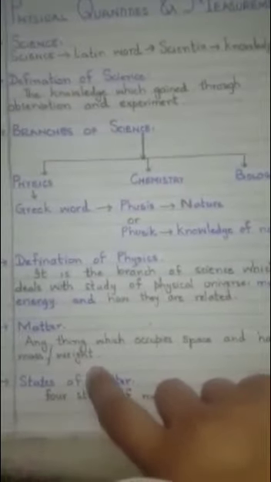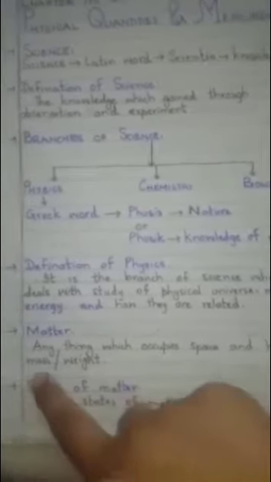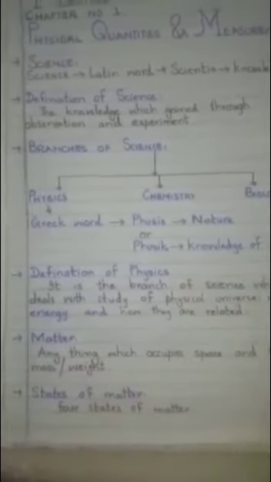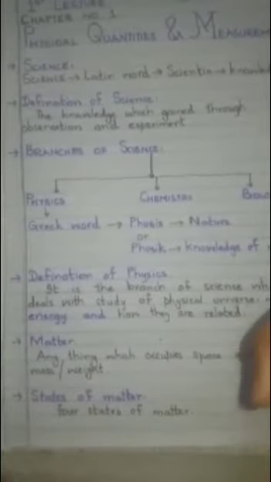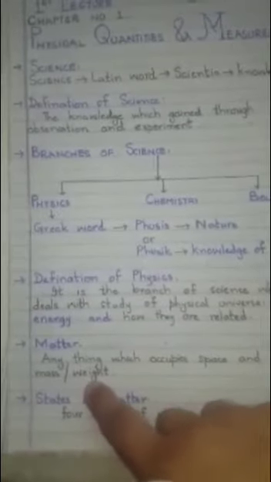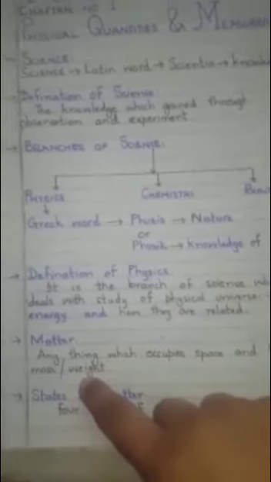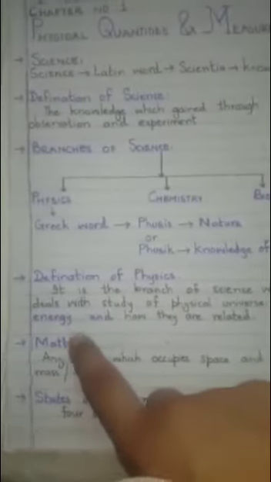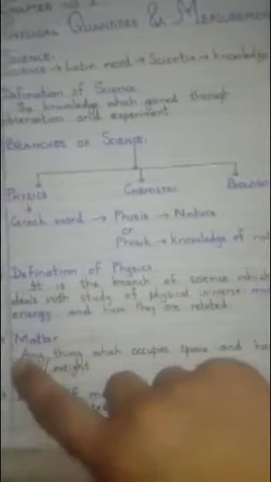Clear? I think it is clear, girls. Mass means quantity of matter, and weight means the force with which the earth attracts every object toward itself. So weight is a type of force. So matter means anything which occupies space and has mass or weight.